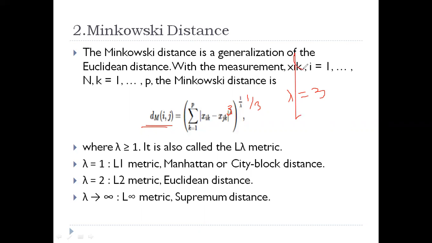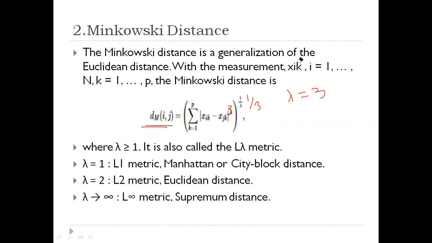Why? Because i is one cluster and j is another cluster, and we are finding the distance between these two clusters. The same thing is repeated here. This is called Minkowski distance.